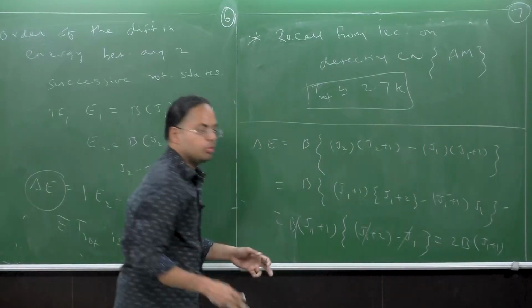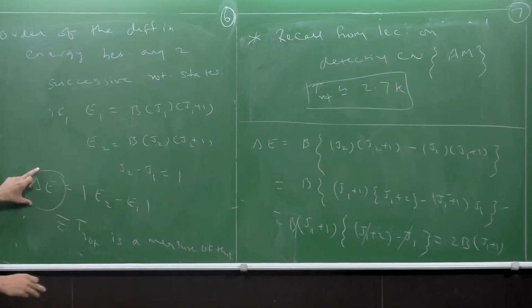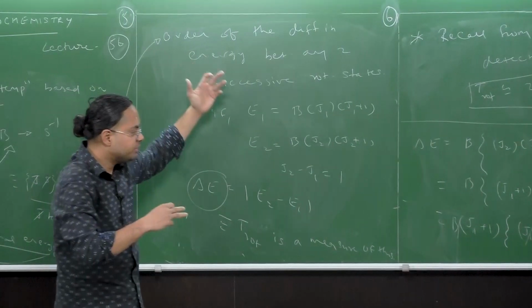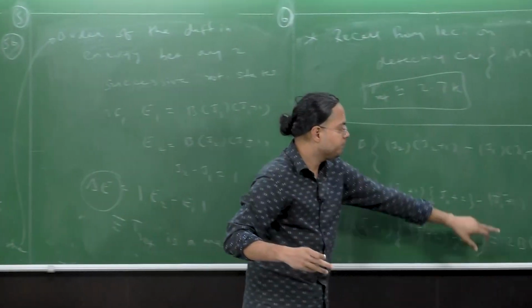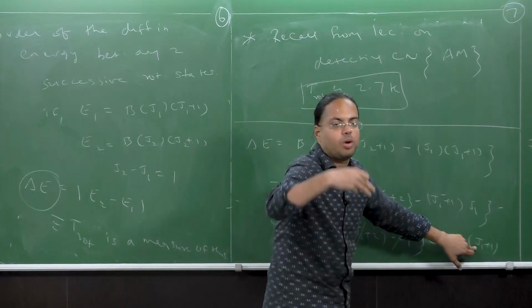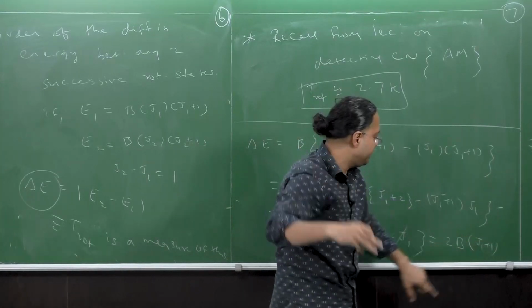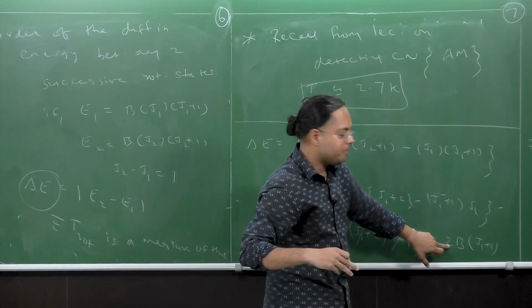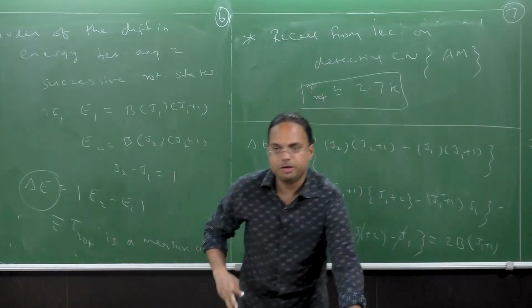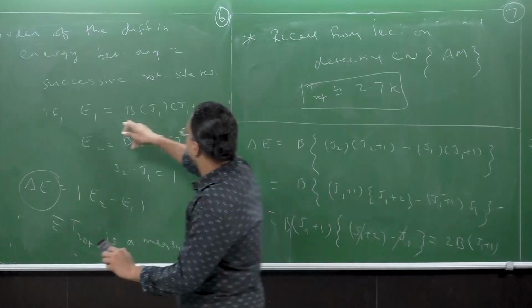All right. So therefore, the energy gap between any two successive levels of rotational transitions is simply given by the product of 2B and J1 plus 1, where J1 is the quantum state from which the transition is happening, and B is the rotational constant. Okay, are we clear?